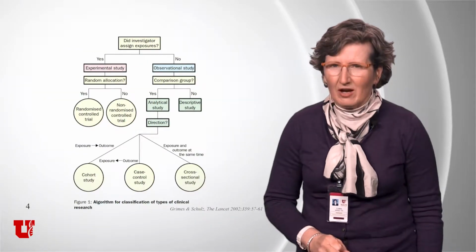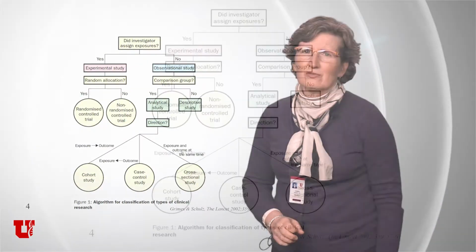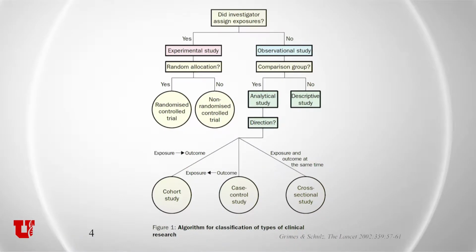So another graphic that some people may find useful is this one from a different didactic article. And you might ask these questions. Did the investigator assign the exposures? So is this an intervention? Did the investigator decide? If yes, then it becomes an experimental study. And then was there random allocation to treatment or exposure status?